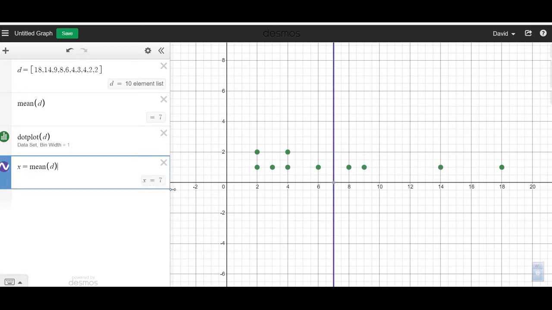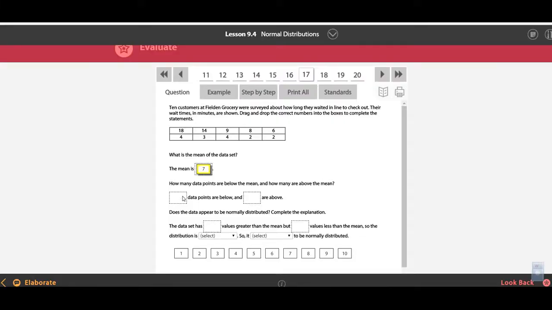So there is our mean. And if we look, we have 1, 2, 3, 4, 5, 6 points below the mean, and 1, 2, 3, 4 points above the mean. All right, so there are 6 points below. Oh, that's right, we're not typing it in, we're dragging it in. And there are 4 points above.